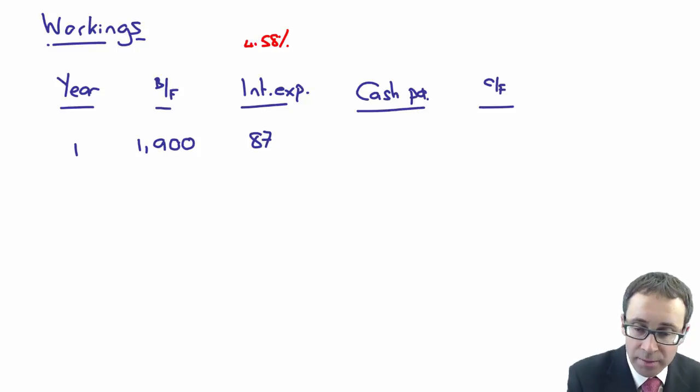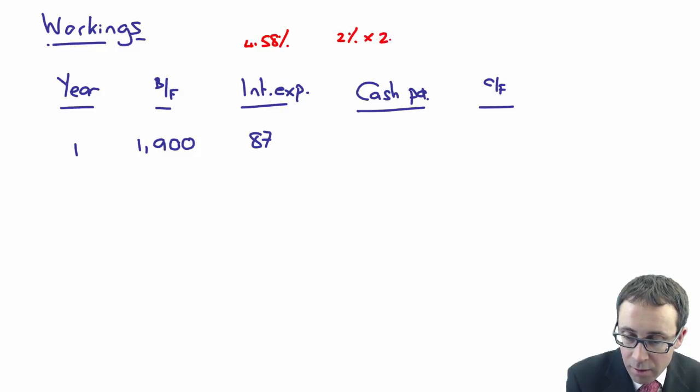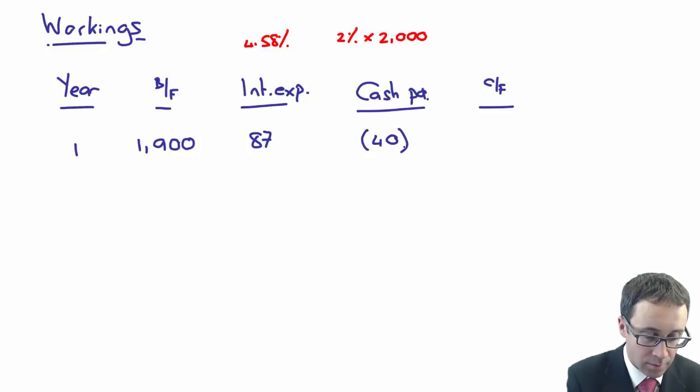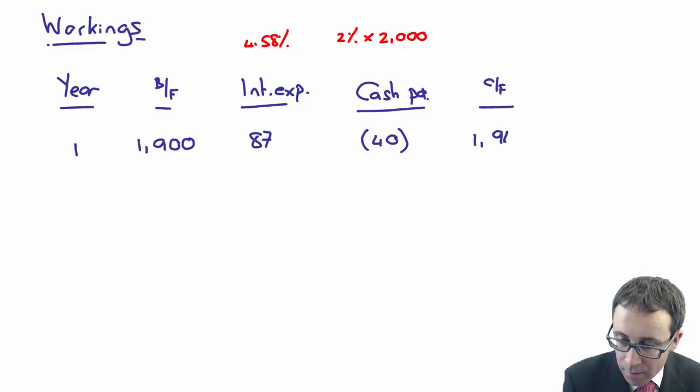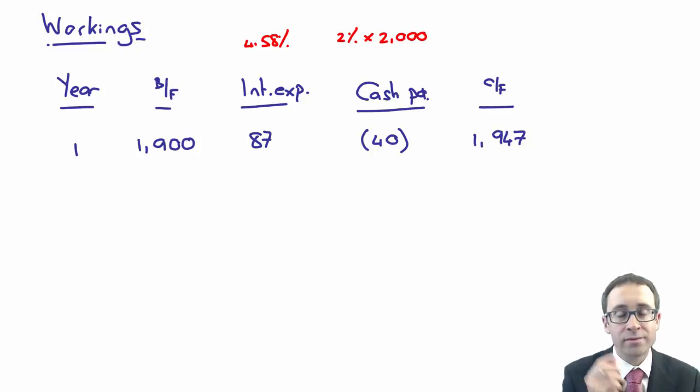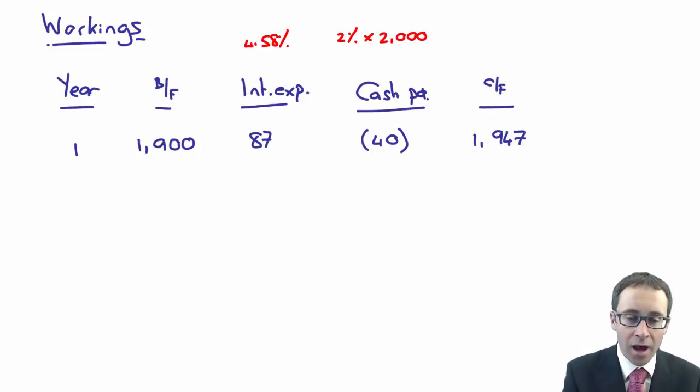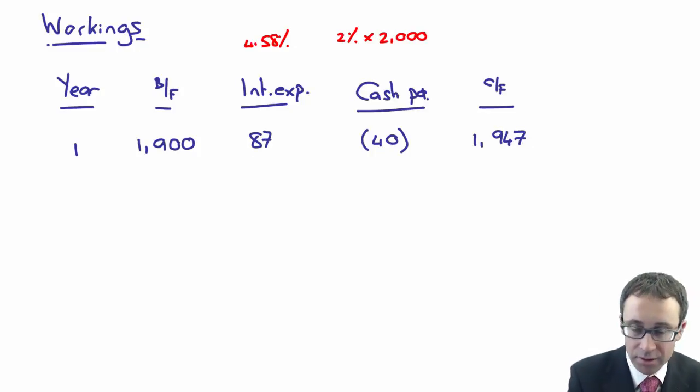The cash paid is based upon the coupon rate, so that's 2%. The par value is 2000. So that gives me 40. So that gives me 1947.